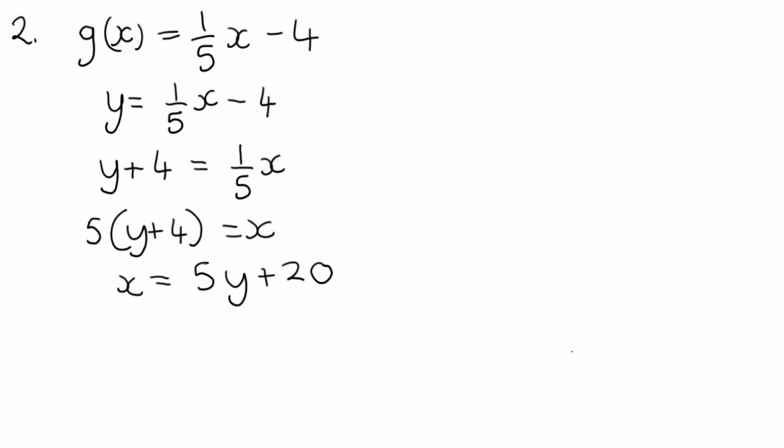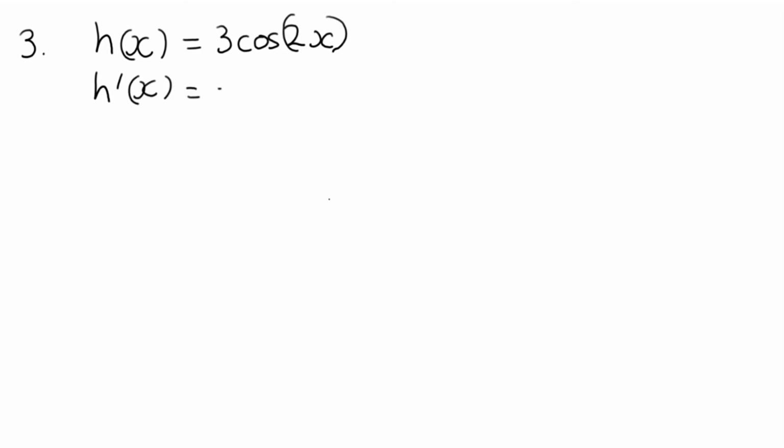All we do now is replace the x with the inverse function, and we replace our y with an x. So the inverse of g of x equals 5x plus 20.